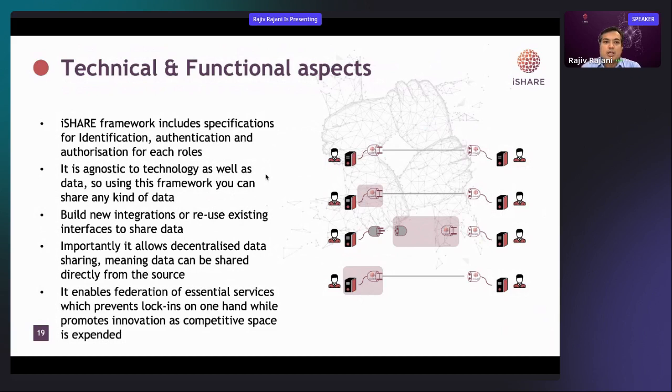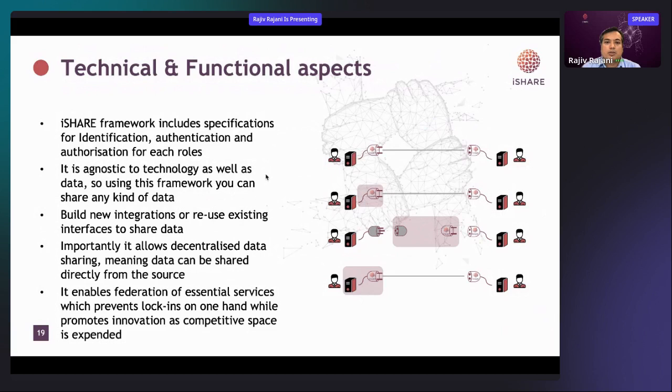On the other hand, there is a standard way to do the identification and authentication. So when that participant wants to connect to you, you know exactly how that participant connects to you, what kind of request it will send, and how you can process and authenticate it, so that you can trust that it is indeed the participant who is trying to connect to you, right?